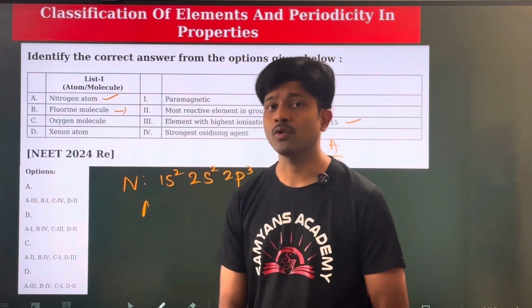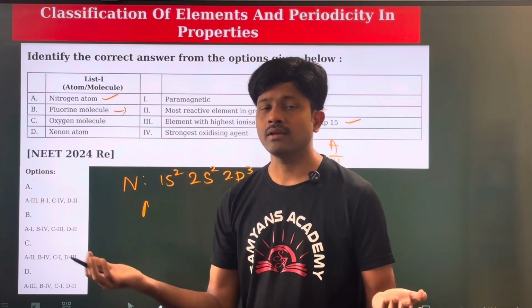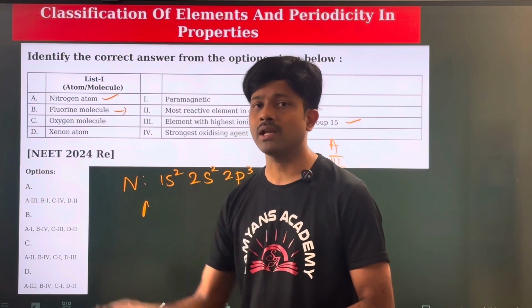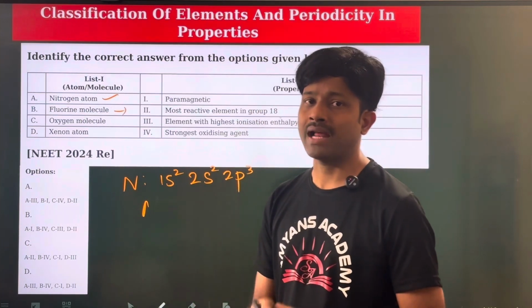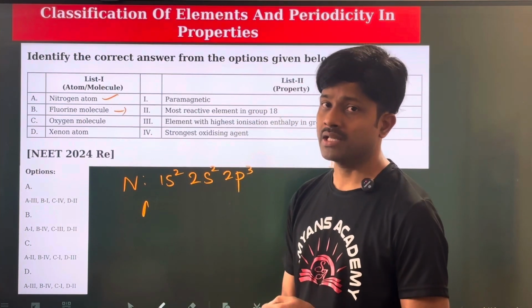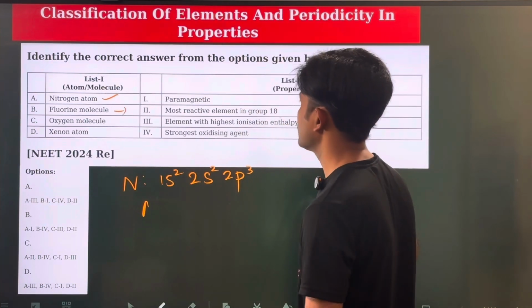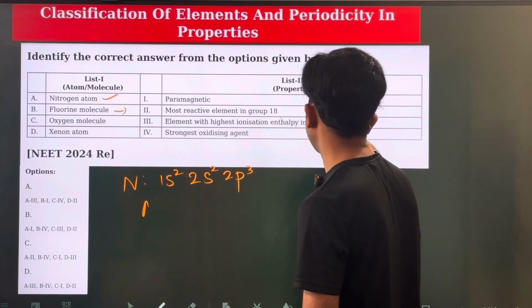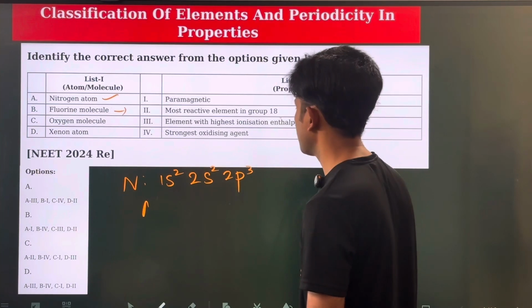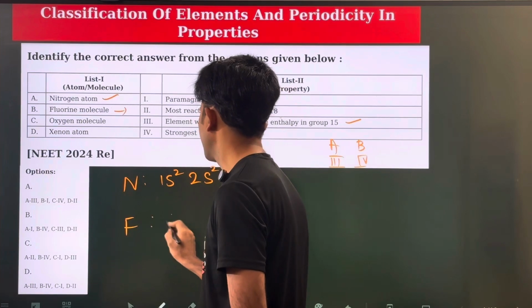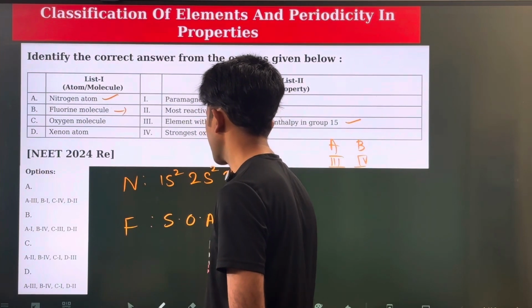Because it has more electronegativity, so it can attract electrons from other atoms. It removes the electron from the other atom, so it acts as a strong oxidizing agent. So here B is matching with option 4. Fluorine is a strong oxidizing agent.